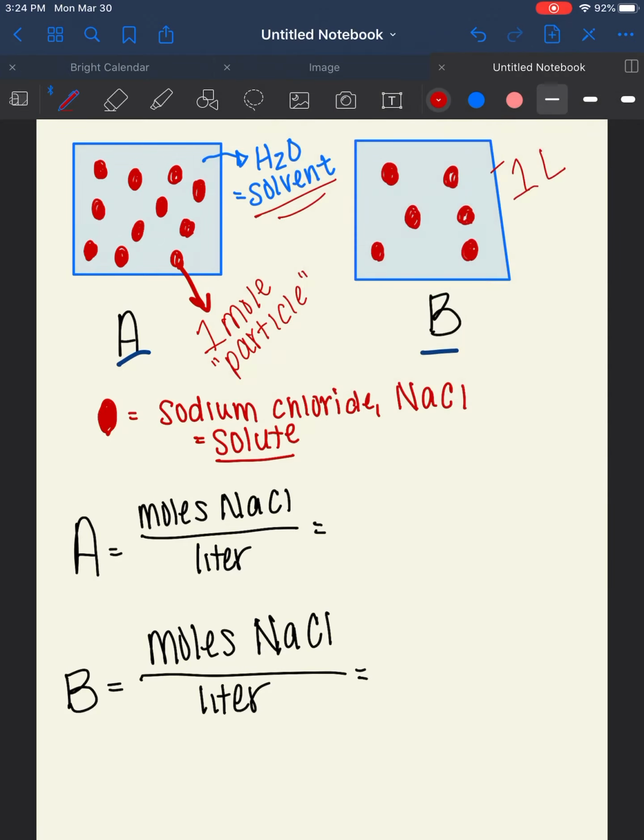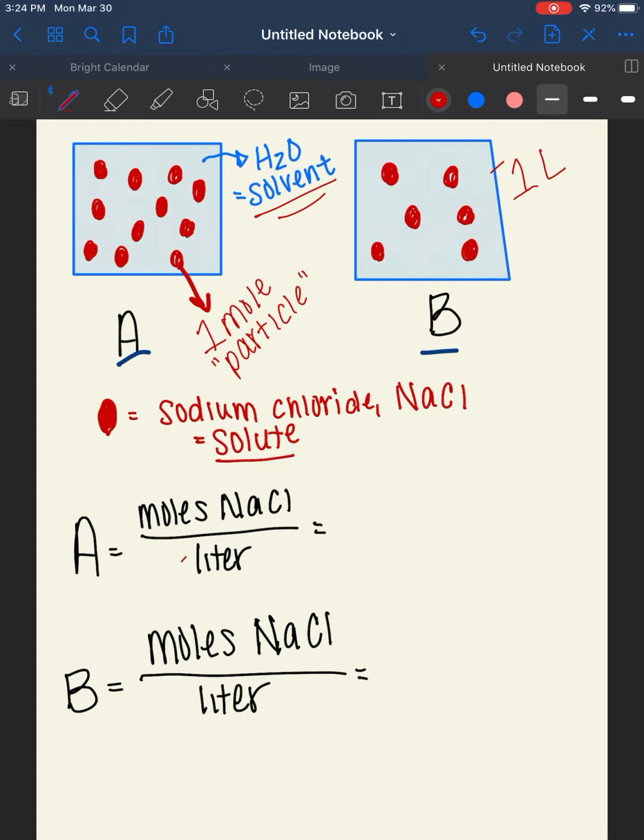Now let's do the calculation to find out which one is more concentrated. In solution A, let's count the number of moles of NaCl that we have. This is just an example, not anywhere near how it happens in real life, but I wanted to get the point across.